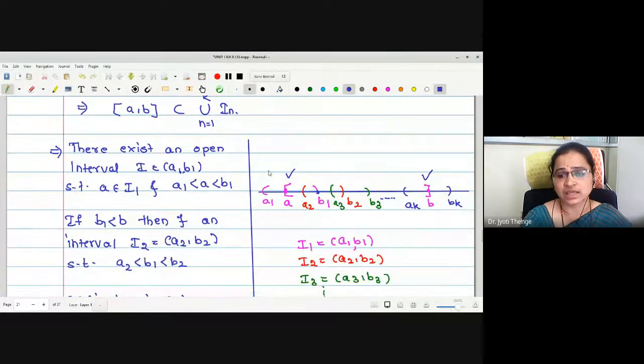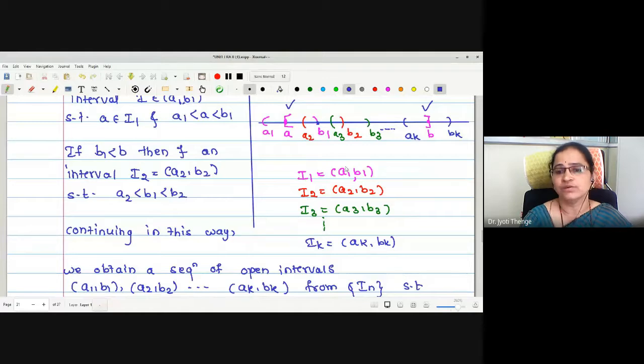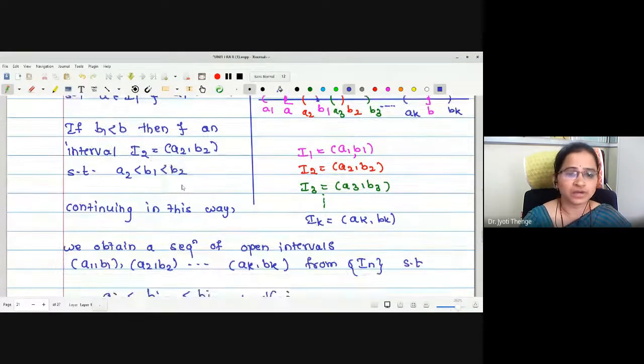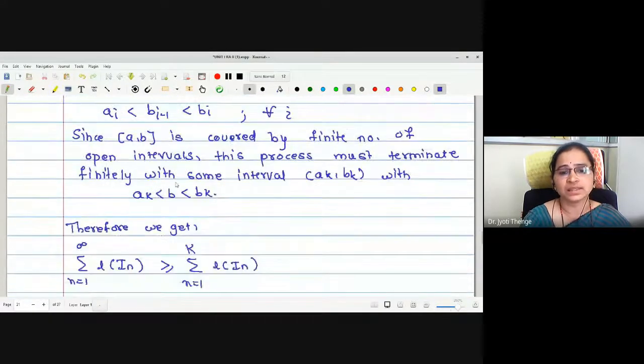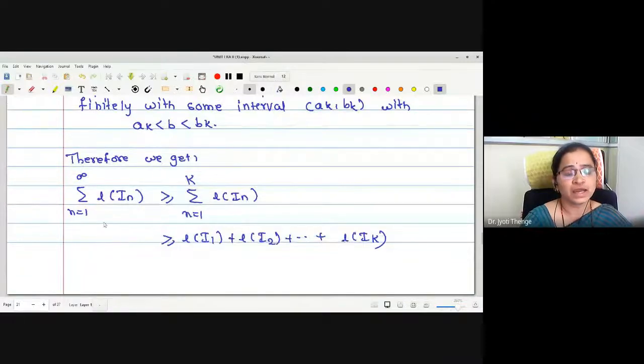That is, there exists a finite number of open intervals covering the closed interval [a, b], named I1, I2, up to Ik, with endpoints a1, a2 and so on. Then the summation from n equals 1 to infinity of the length of the countable collection of open covering is greater than or equal to the length of the finite subcover.